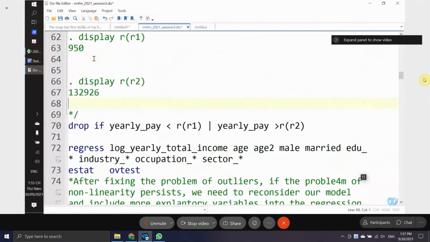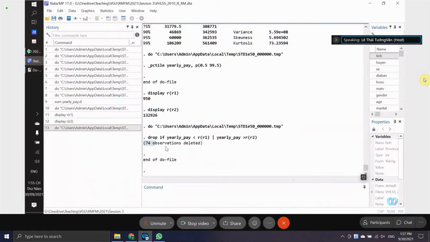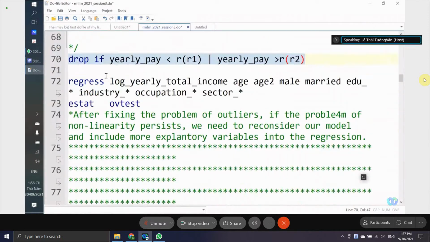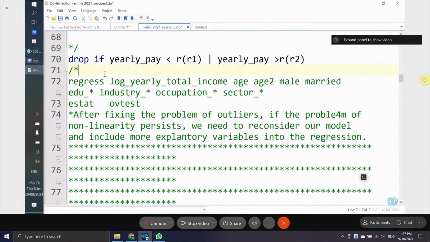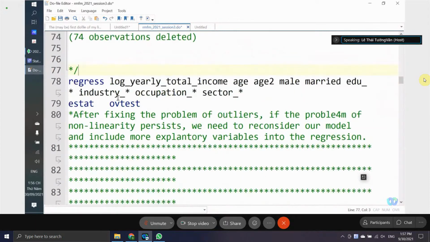About 0.5% of the people have an income of 132,000 million per year. So if you drop them, everything beyond those numbers will be dropped. In total, 74 observations were deleted.